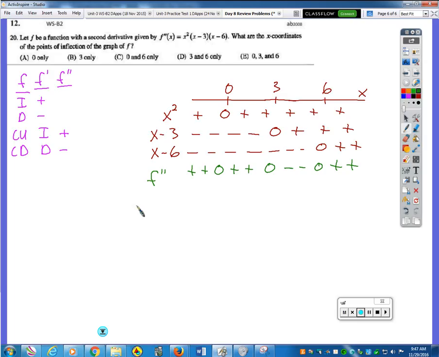I'd say at x equal 3 and 6, f double prime changes from positive to negative and negative to positive.